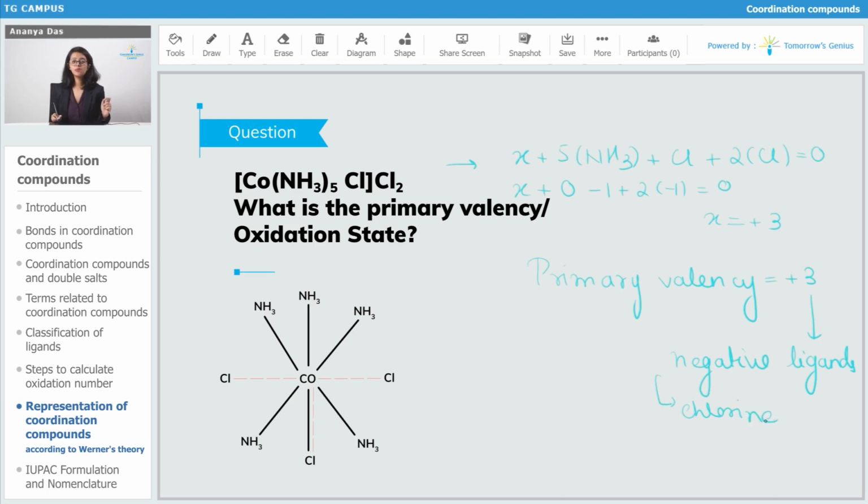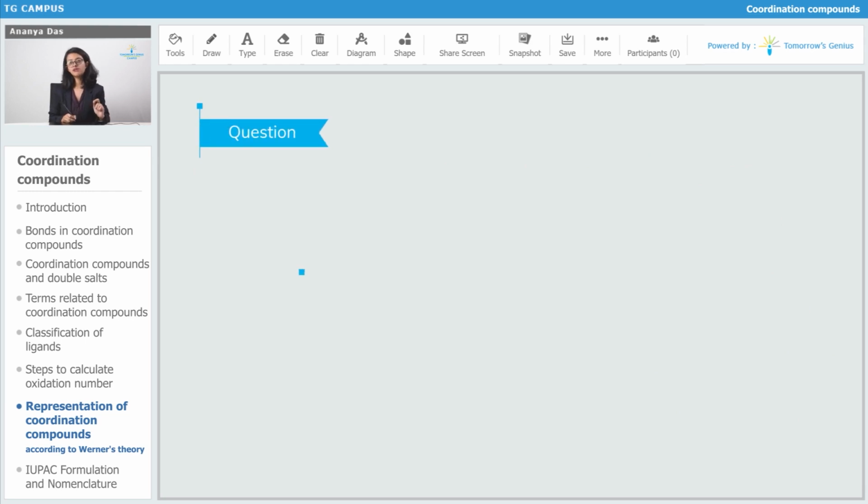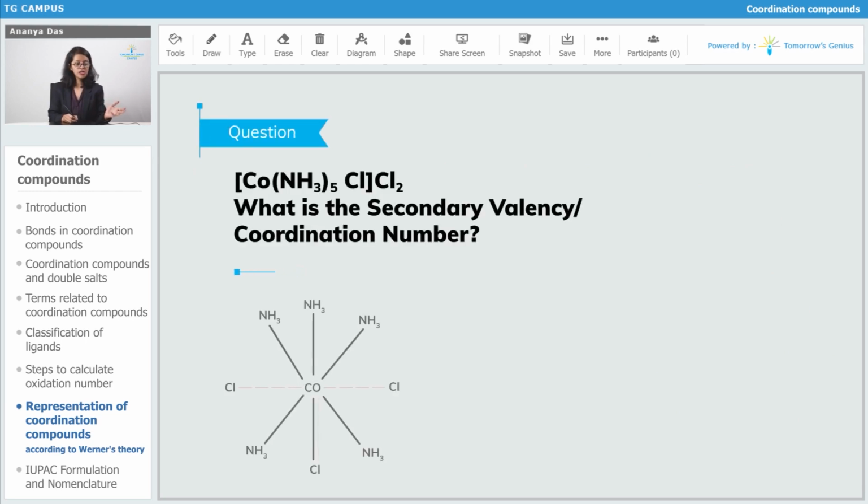Now let's see about the secondary valency. The secondary valency is again the coordination number. In this case also it is evident that the coordination number of cobalt is 6. CN is the short form of coordination number. The coordination number of cobalt is 6 because there are 5 ammonias and 1 chlorine.